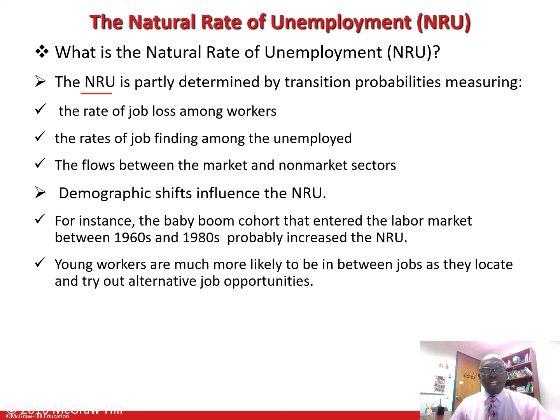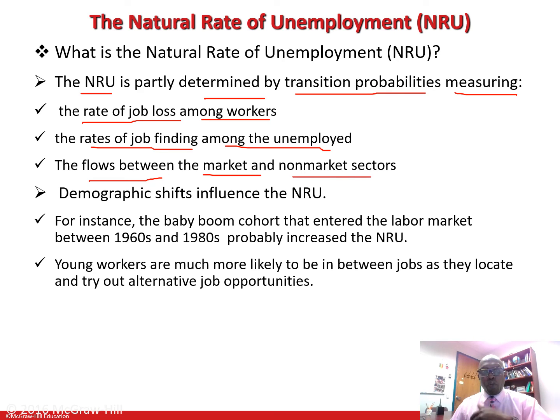The NRU is partly determined by transition probabilities measuring the rate of job loss among workers, the rate of job finding among the unemployed, and the flow between the market and non-market sector. The demographic shift also influences the NRU.